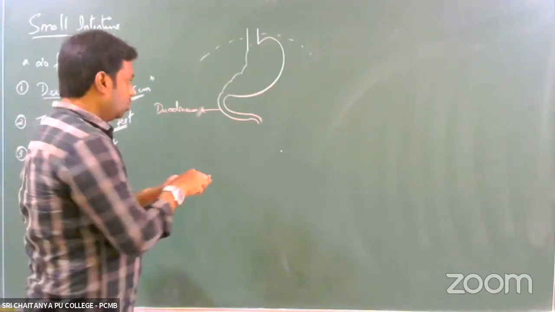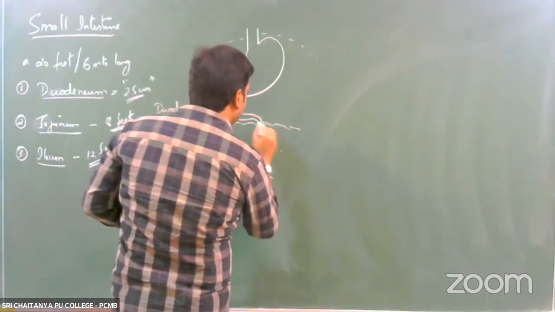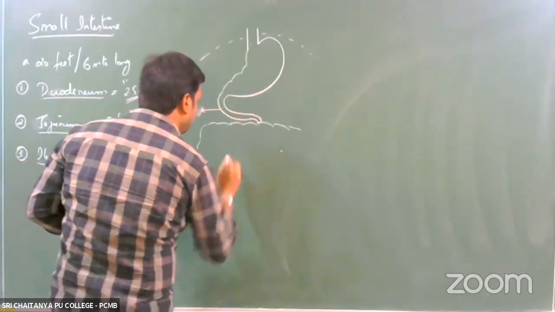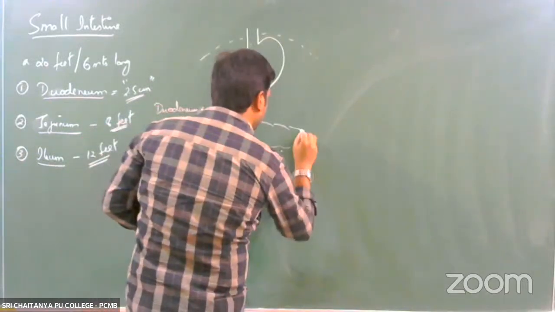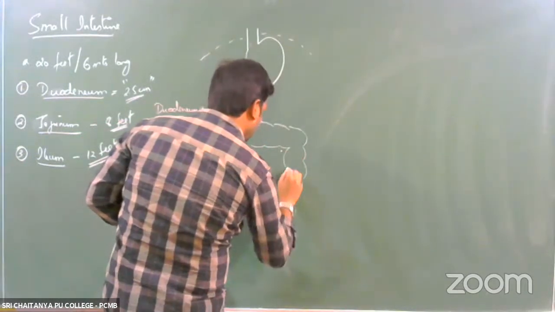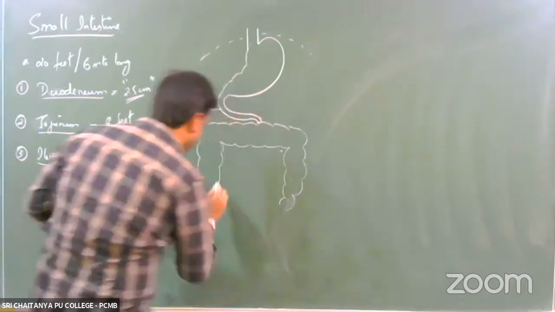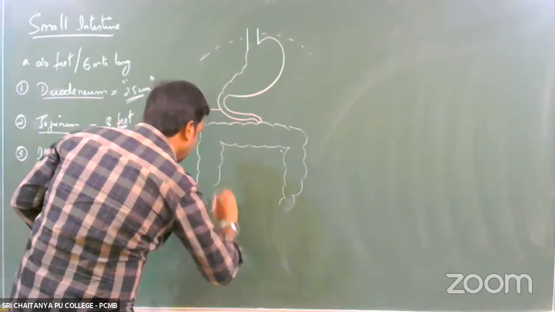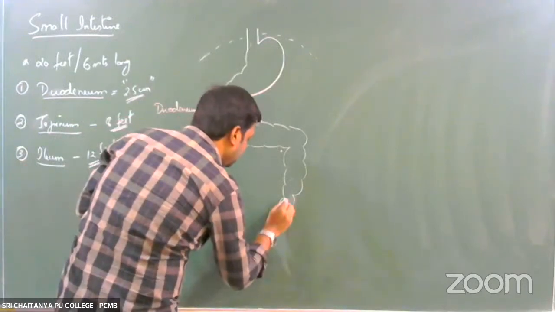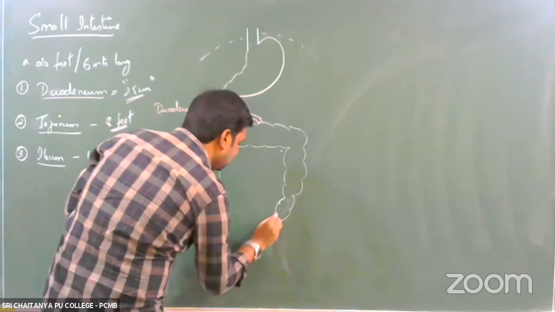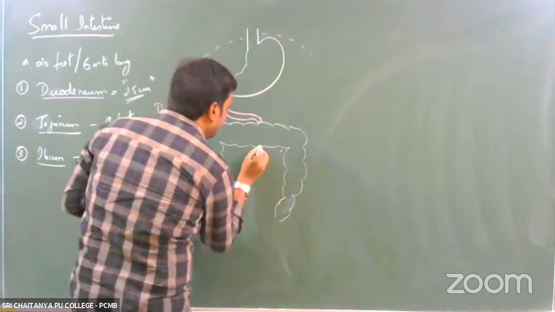For that, let me just draw the large intestine, and then we'll get into the details. So this is the large intestine. Here we will have the large intestine coming up, and now the duodenum opens up into this particular structure here.